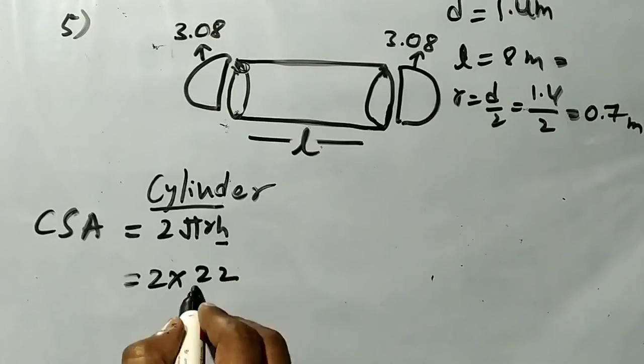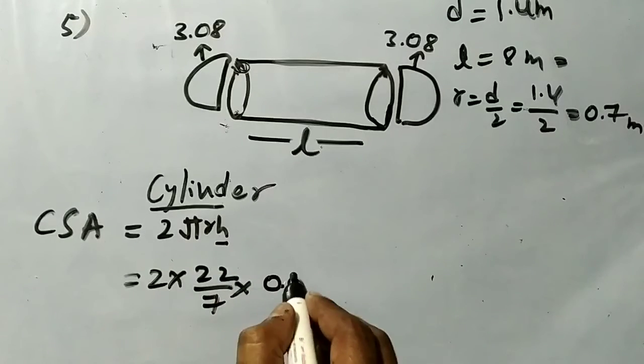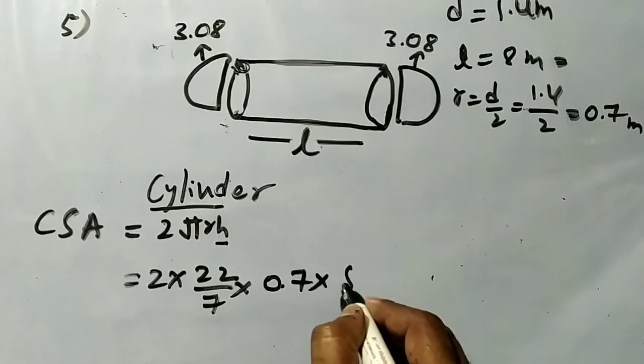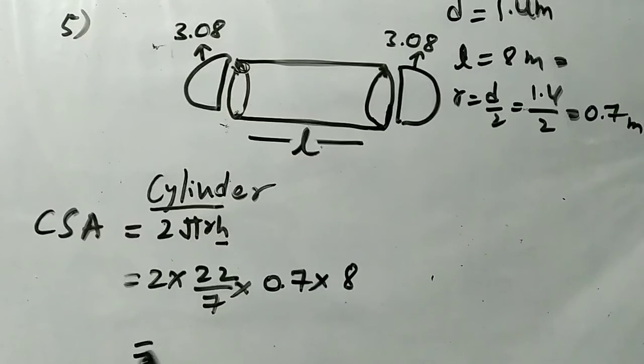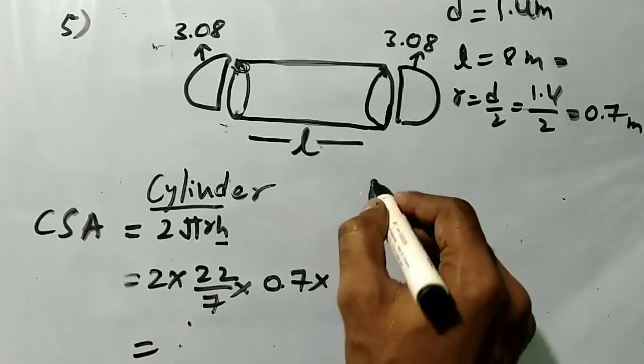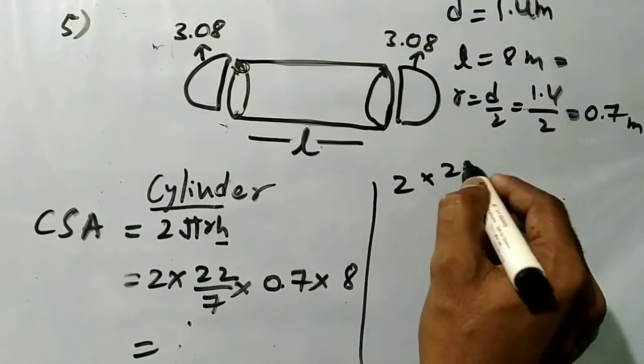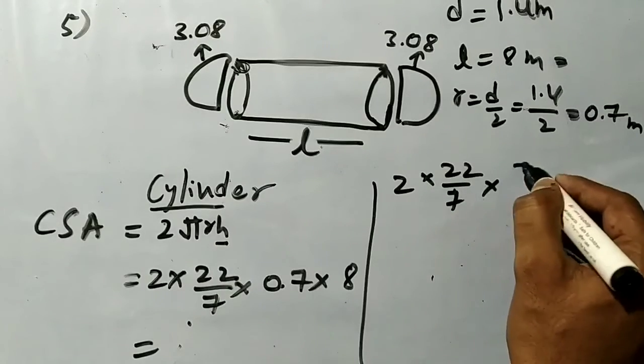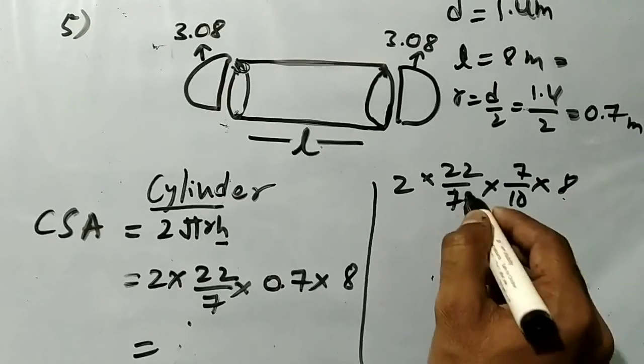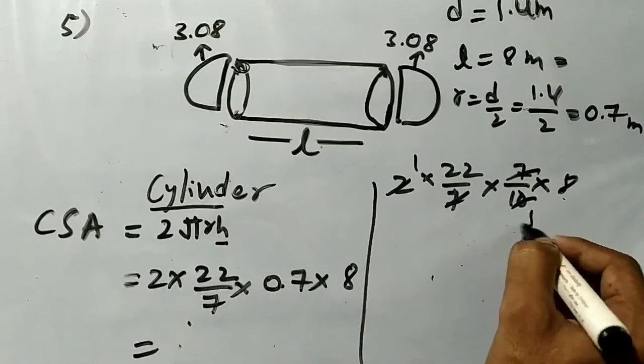2 into 22 by 7 into R is 0.7 into 8. So here we can write it as 2 into 22 by 7 into 7 by 10 into 8. So 7 gets cancelled, 2 ones are 2, 2 5s are 10.